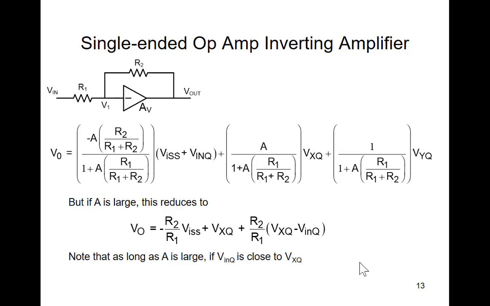That's what we want an amplifier to do, isn't it? We want an amplifier to amplify the input, and it has to be at some quiescent point. So the output is approximately minus R2 over R1 Vin small signal plus quiescent output. And the quiescent output is at approximately the same level as the quiescent input.